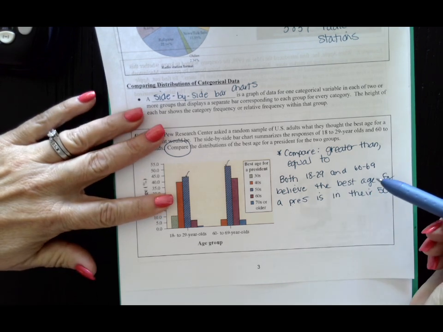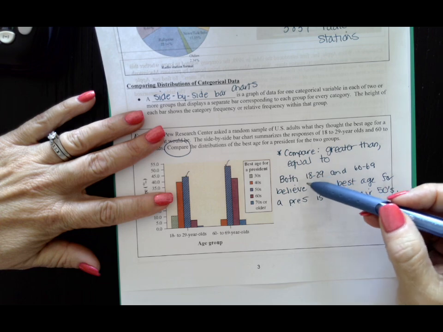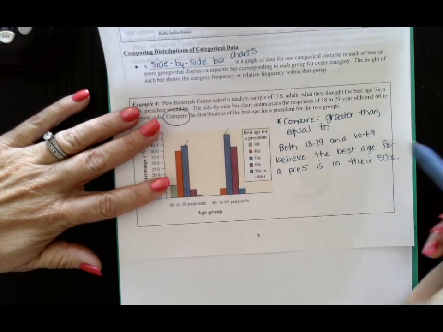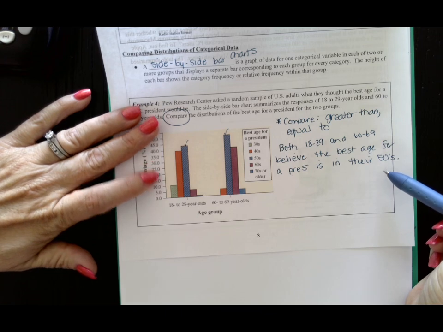Okay, so we're saying both, so that's another descriptor word. So we say both believe that the best age for a president is in their 50s.